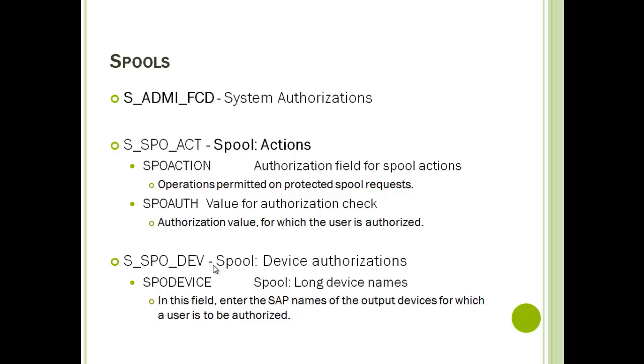First of all, this S_ADMI_FCD has a lot of functionality which is controlled using this specific authorization object. It has quite a lot of fields and values. So for spool administration we will also use this one, but the main function is system administration.